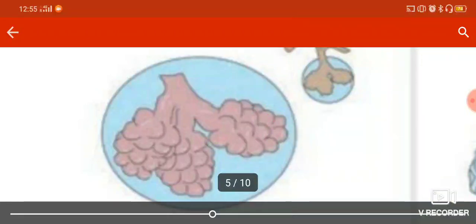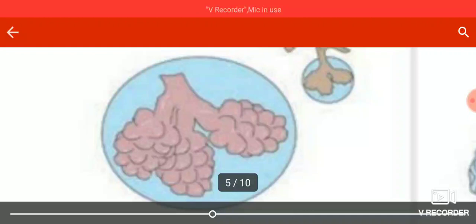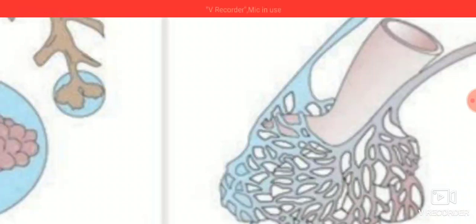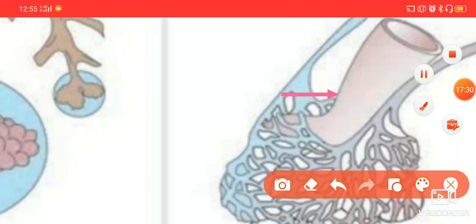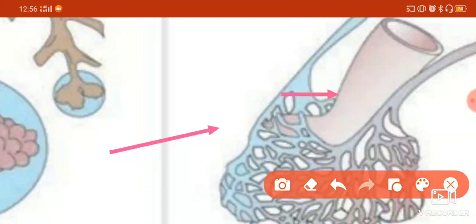Then we will see the next part, alveoli. Alveoli are thin walled, lobulated. Thin walled means lined by squamous epithelium. This is a single layer of squamous epithelium. Lobulated means round in structure, and surrounded by a capillary network.